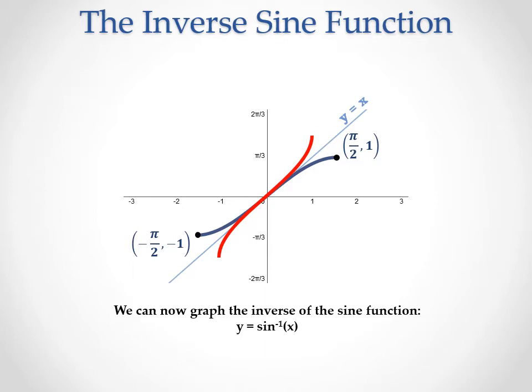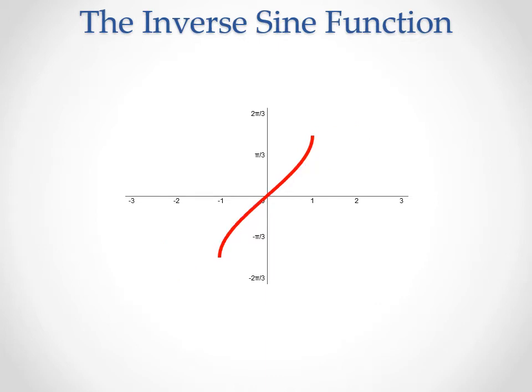And you can see why it's important that we restricted it, because now instead of this thing oscillating about the x-axis, this inverse is going to oscillate about the y-axis. And if we went any further than our restriction, then this thing would be oscillating back and forth and the vertical line test would fail.